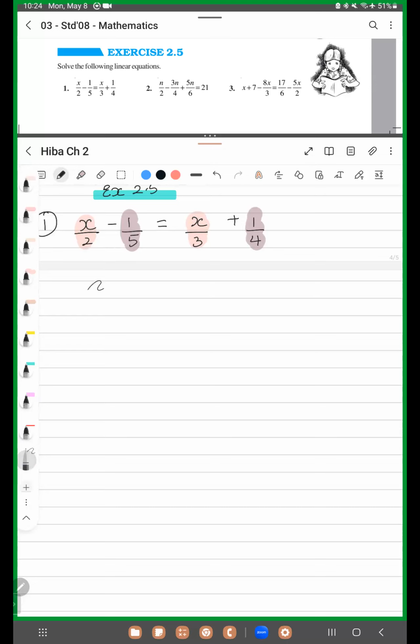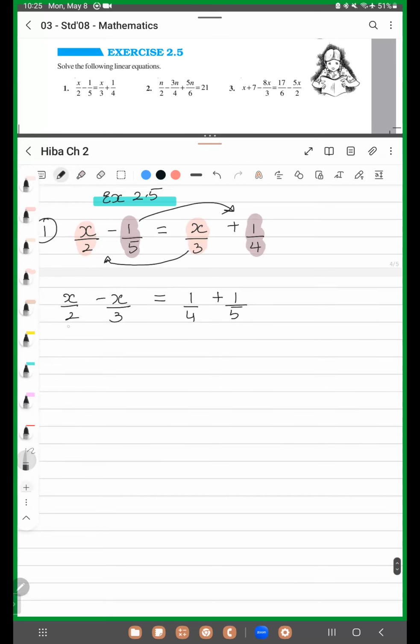Bring all the like terms together. So we will bring x by 3 over: x by 2 minus x by 3 is equal to 1 by 4 plus 1 by 5.